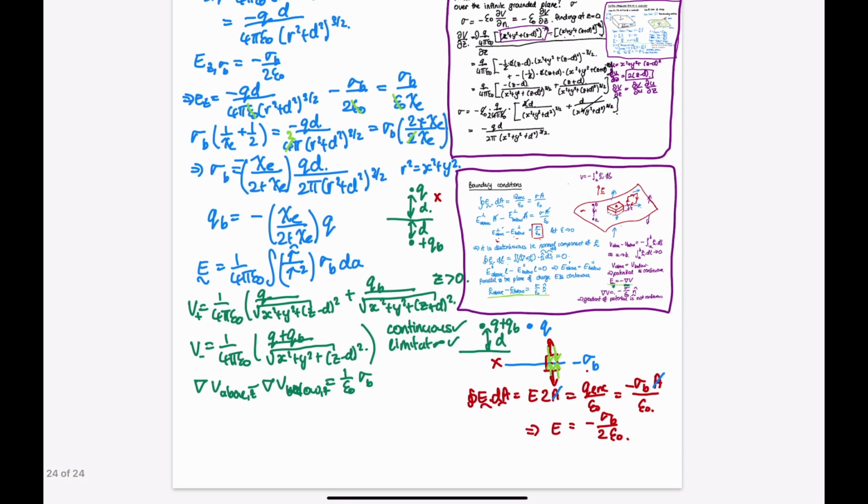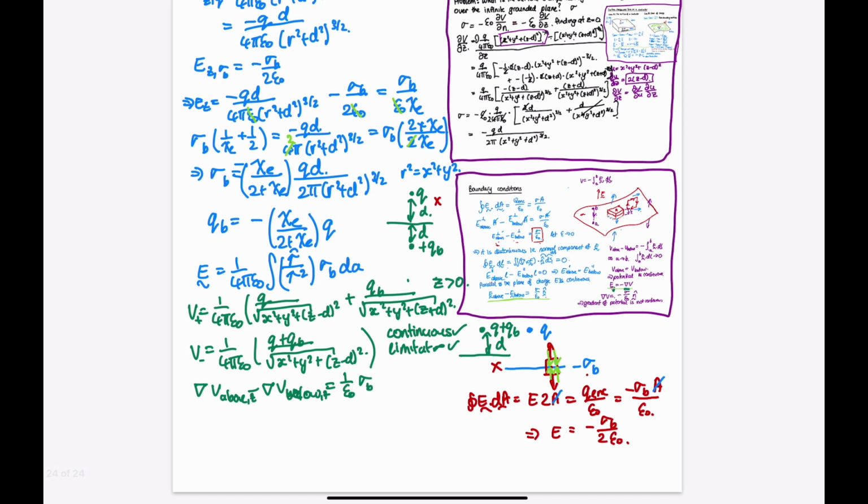So what we need to do to check that is take the derivative of both of these things. So dV plus dz is equal to 1 over 4 pi epsilon naught. Then we've still got our Q. Now, this is x squared plus y squared plus z minus d to the minus a half, and we're taking the derivative of that. So when we take the derivative of something to the minus a half, we multiply it by minus a half, and then we have to times it by the derivative of what's in here, and we're doing it with respect to z.